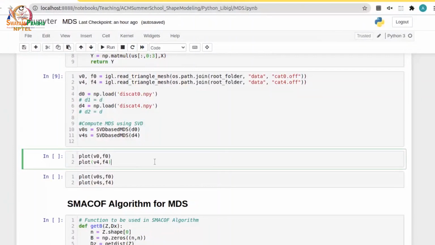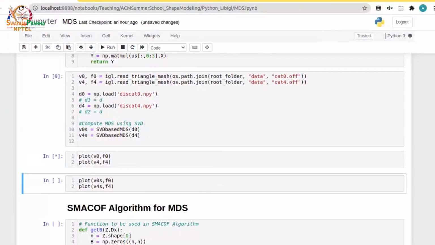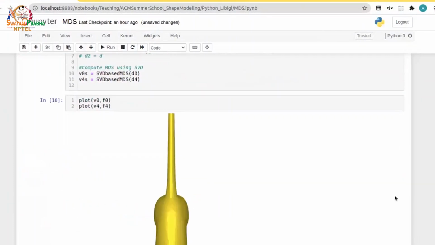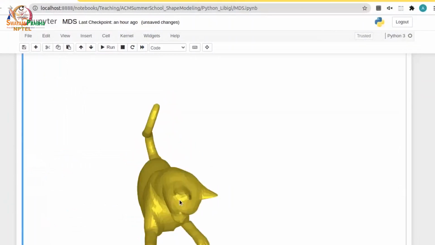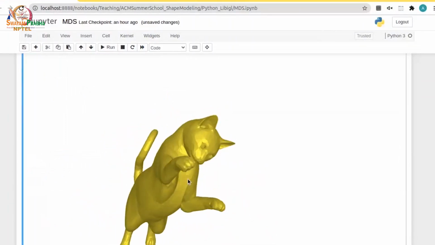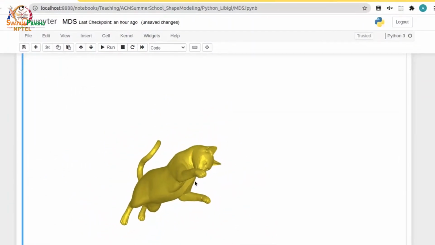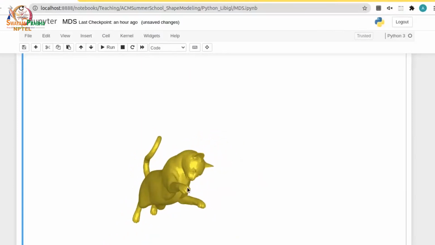Anyway, so let me first show you the source meshes here. This is the usual CAT0 mesh, as seen in the morning session, and this is your CAT4 mesh.